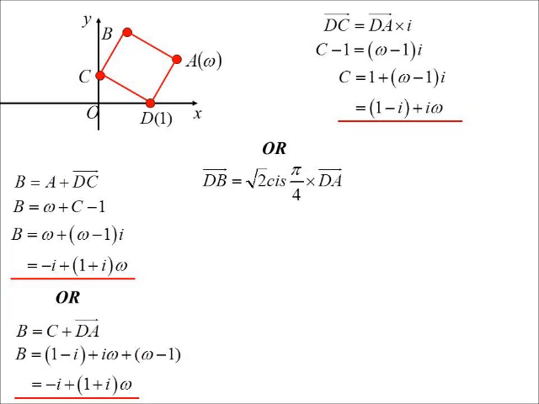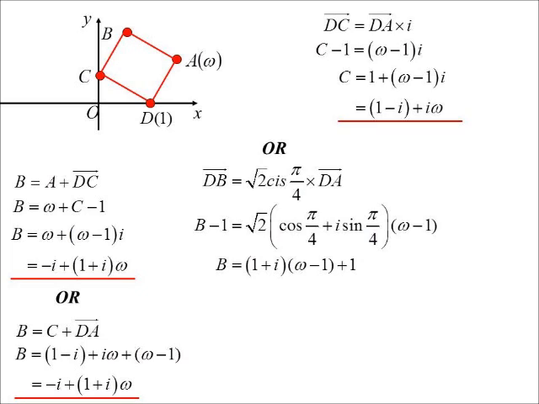Now this should, as I say, theoretically work. So let's see how we go. So DB, well that's b minus 1, because I'm talking about the vector, not the point, is equal to the square root of 2 times cos pi on 4 plus i sine pi on 4, times DA, which is, there it is, omega minus 1. Cos pi on 4 and sine pi on 4, of course, is 1 on root 2. So that'll cancel with the root 2.